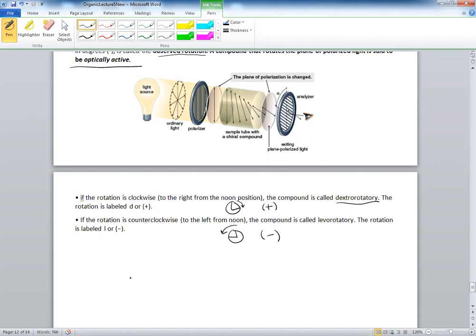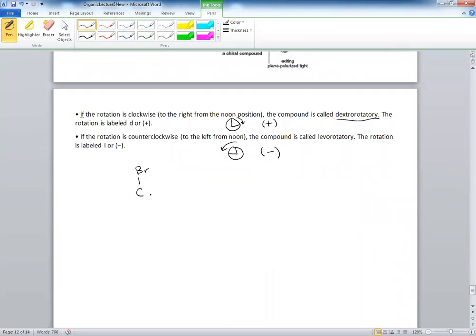What does that mean? Suppose we have, and I'm going to just wrap up with this, suppose we have this compound, and we would like to check its optical activity. So what is the enantiomer of this? We should be able to draw that.